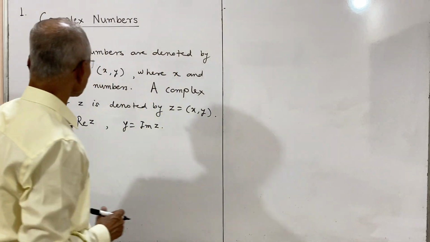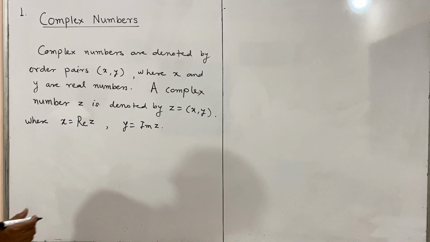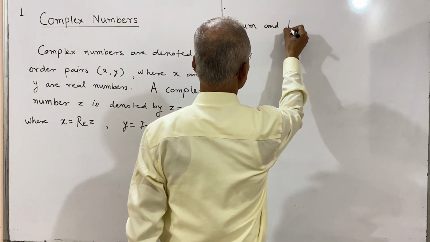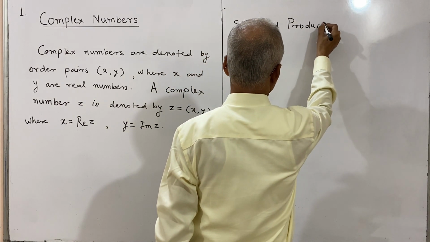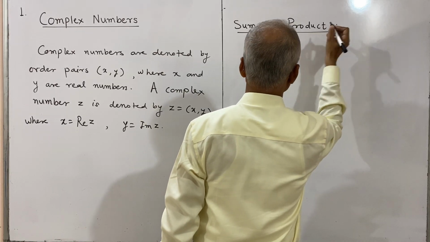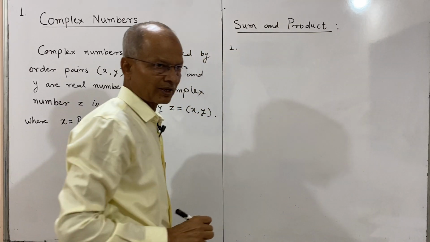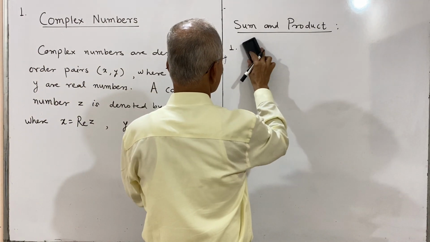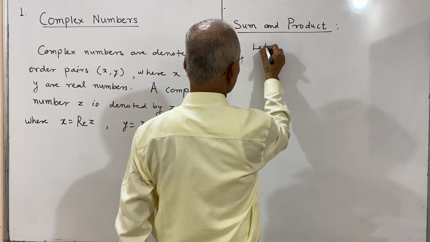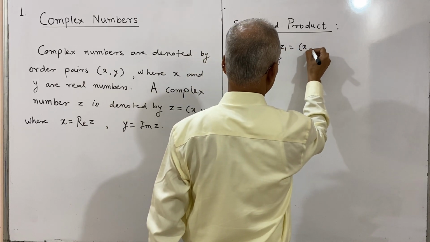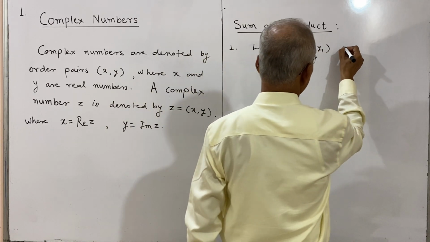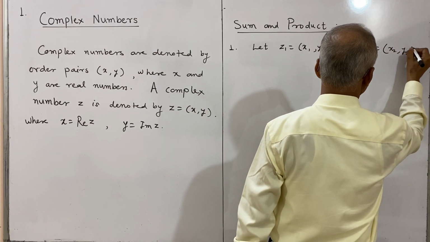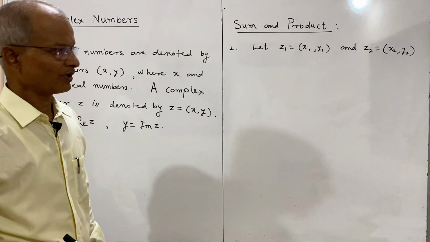Now we shall see the algebra of complex numbers, sum and product. The definition for sum and product. Before that, we shall define equality of two complex numbers. z1 is a complex number denoted by the ordered pair x1, y1, and z2 is another complex number denoted by the ordered pair x2, y2.